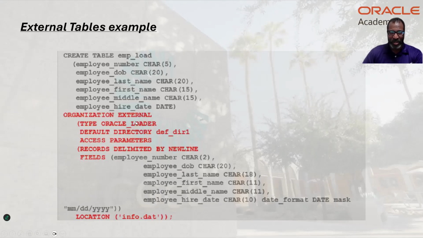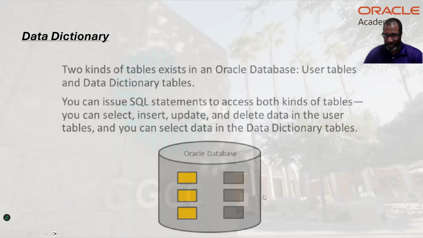So we're creating a table, and basically we're adding information to that table from an external table. You will rarely see anything like this in our current database administration scenario, but like I said, we must cover it. All right, I'm going to move right from that to our data dictionary.